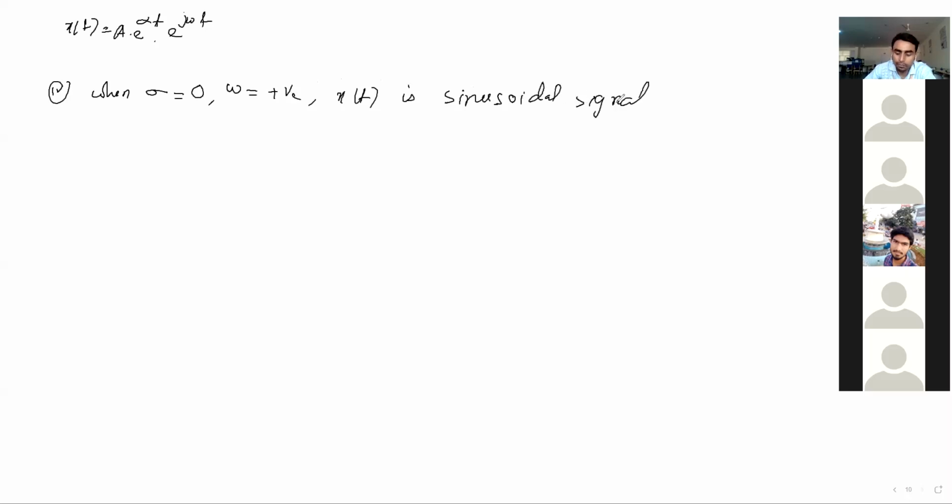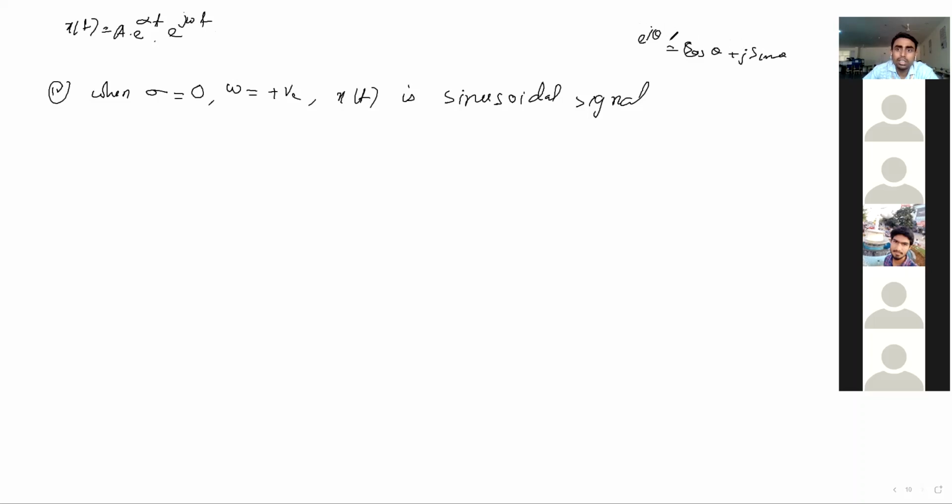Why a sinusoidal signal? Because when sigma equal to 0, the real part will be 1. Only the term A into e to the power j omega t is there. So what does e to the power j omega t mean? As we know, e to the power j theta equals cos theta plus j sin theta.